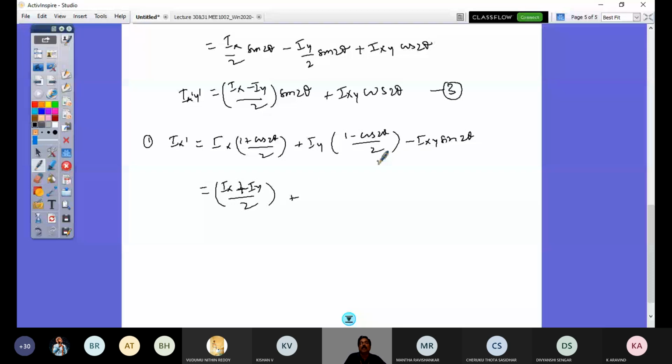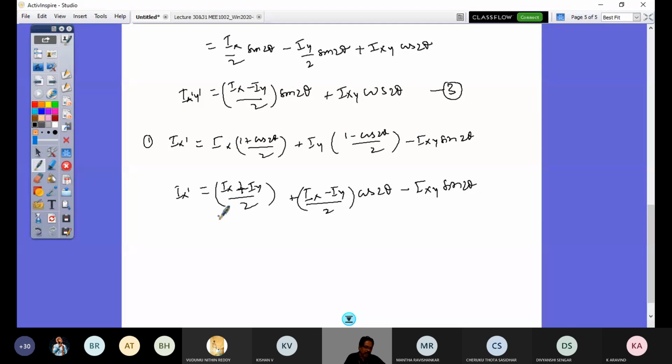So this is going to be Ix minus Iy by 2 into cos 2 theta minus Ixy sin 2 theta. I am purposely doing this so that I can eliminate the trigonometric term and finally deduce that it can be represented as a circle, the parametric equation of a circle. So this is equation number 4.